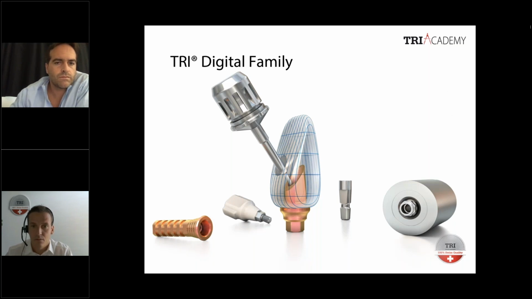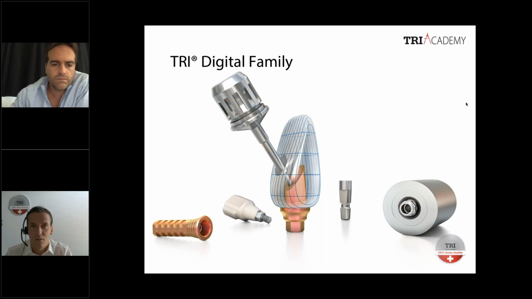Sorry, I have to explain without my cursor. In the middle, you see our TRI tie base, which is a unique tie base, which is individualizable. And Andrea is going to explain in a case how this works.